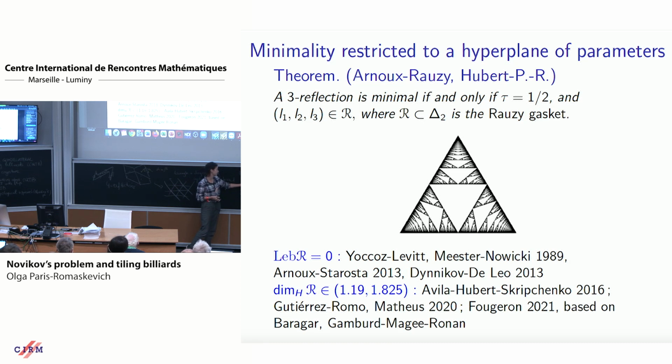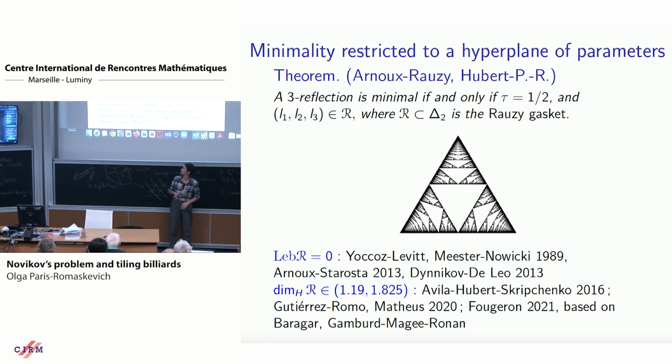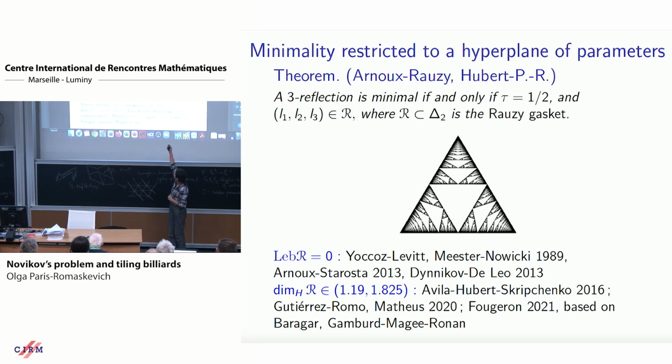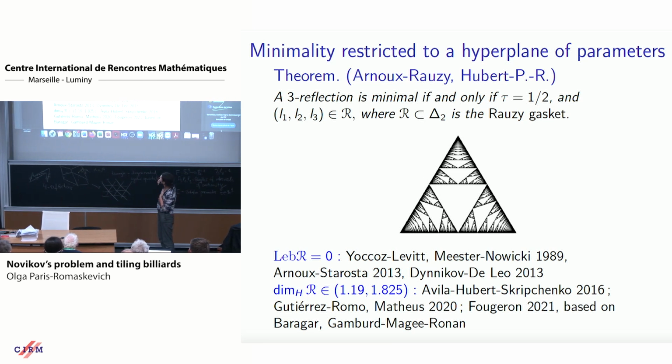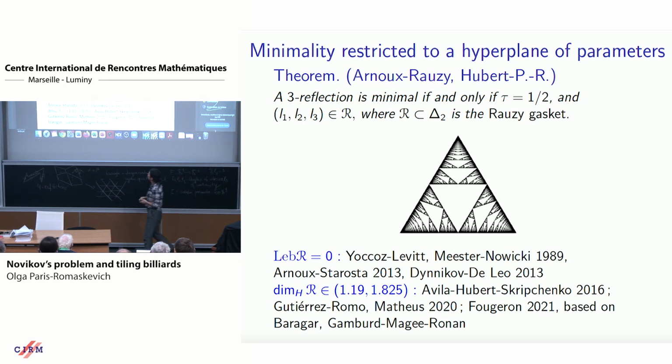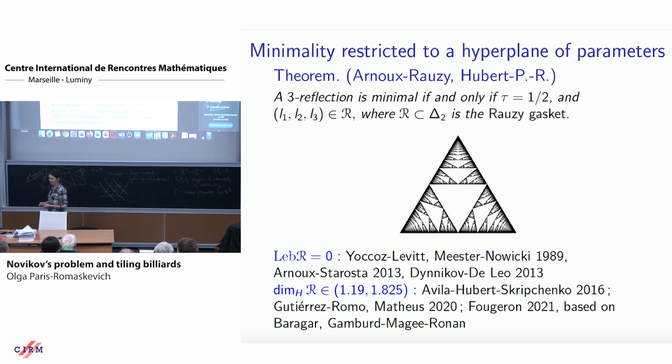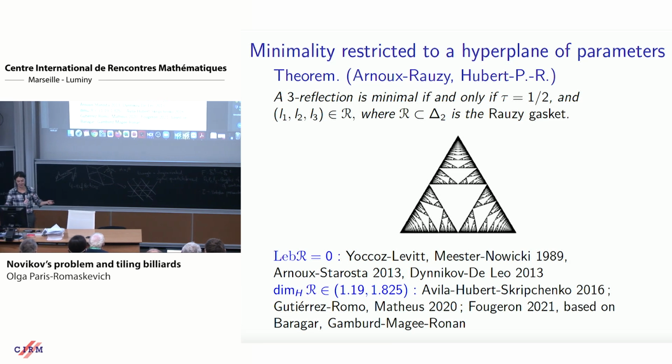They have to lie in some zero measure set. And the zero measure set looks like this. So it's everything which is in black. This is a zero measure set, which is a subset of the simplex of parameters L1, L2, and L3. And this set is very loved in Marseille and in the world.